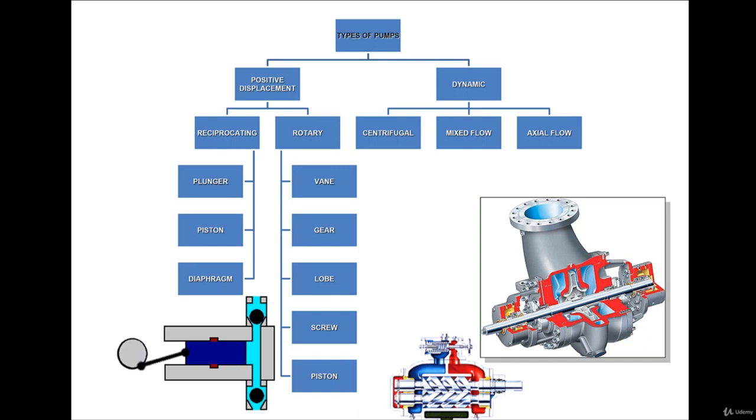Each type has a different shape of impellers or vanes, or the airfoil of the impeller, with different shapes that make the fluid either axial or radial or in between. This depends on how you change the momentum of the fluid, how you accelerate it.